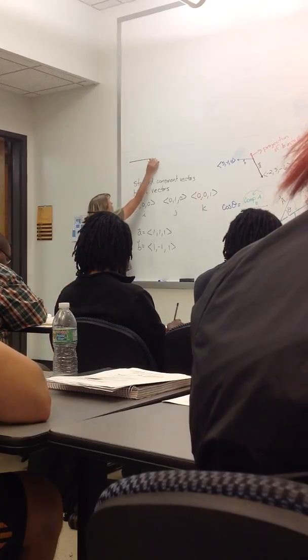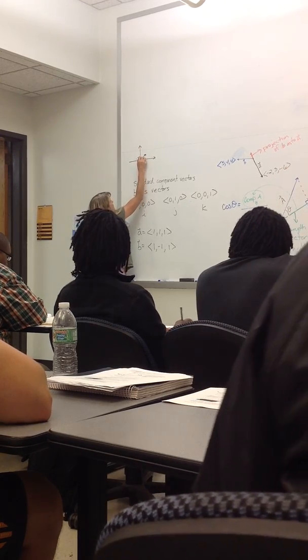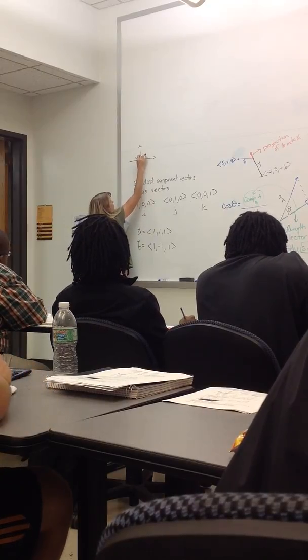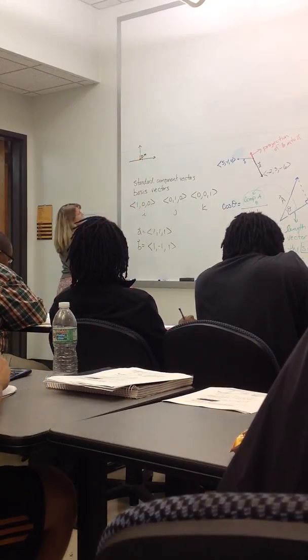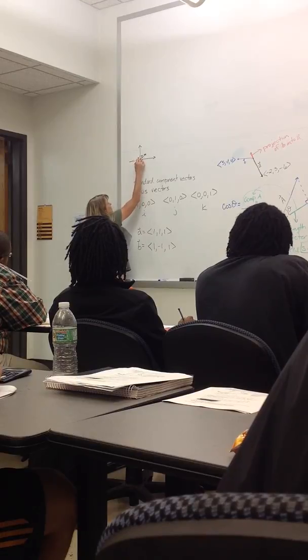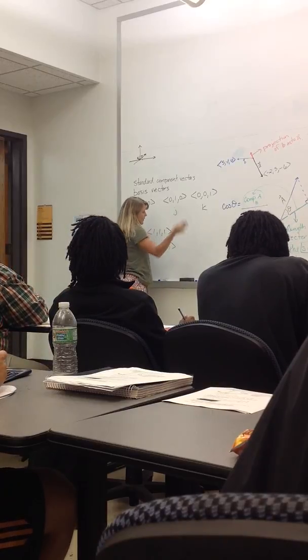So graphing those, here's vector A, and then vector B is 1, but y is negative, and z is positive. It's not going to show up real well in our little drawing.